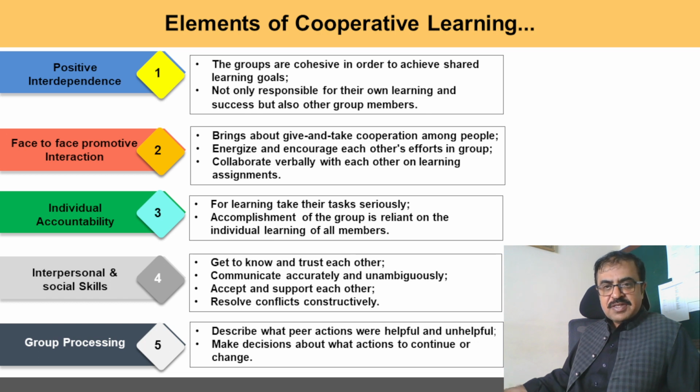If there is a trust deficit amongst the group members, then the essence of cooperative learning will be lost. They must be able to communicate accurately and unambiguously. Whatever comes to their mind, they need to clearly present it to the rest of the group members, what they think and how to address any issue or challenge pertaining to the achievement of a common learning goal.